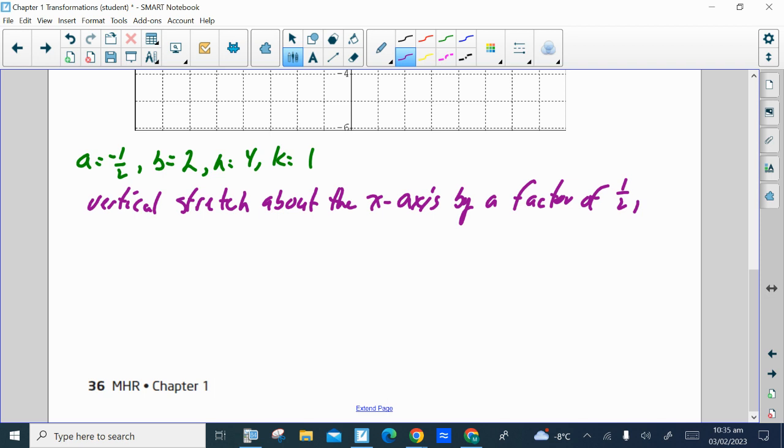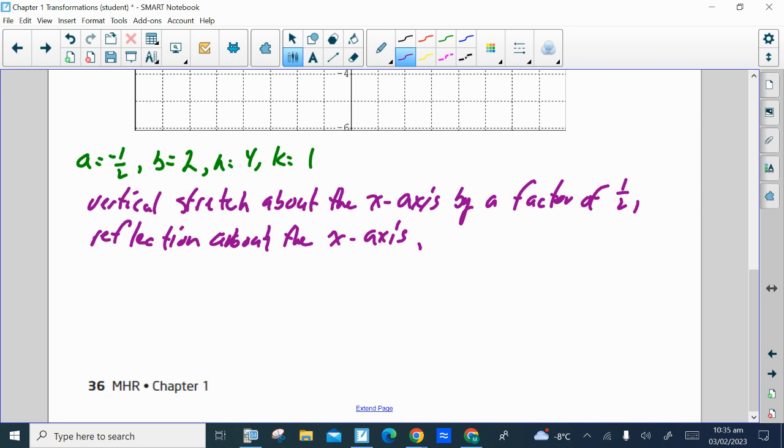We're going to have a reflection about the x-axis. And those are the two things that an a value of -1/2 does. Two different transformations, one being a stretch, the other being a reflection.